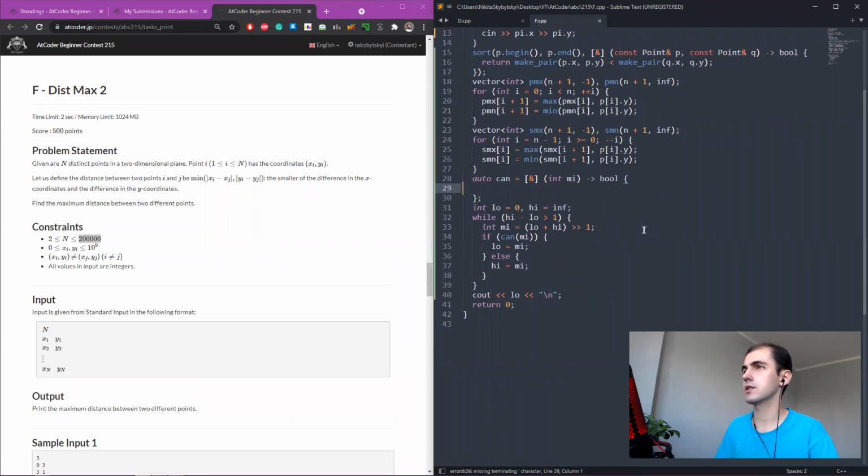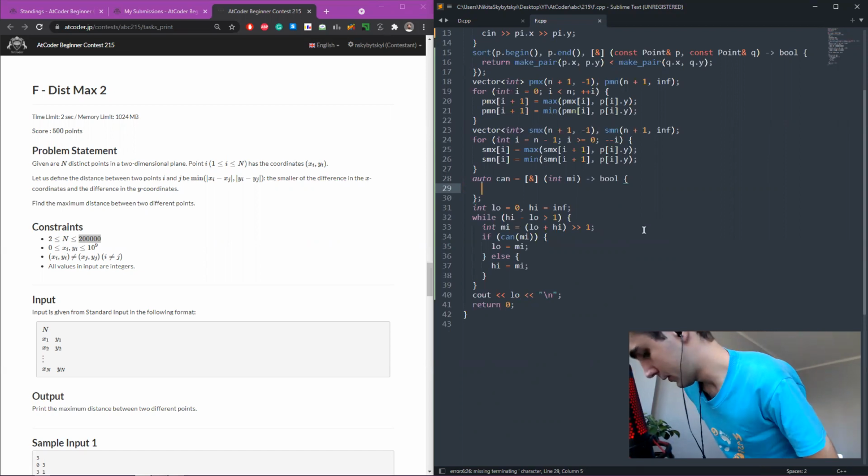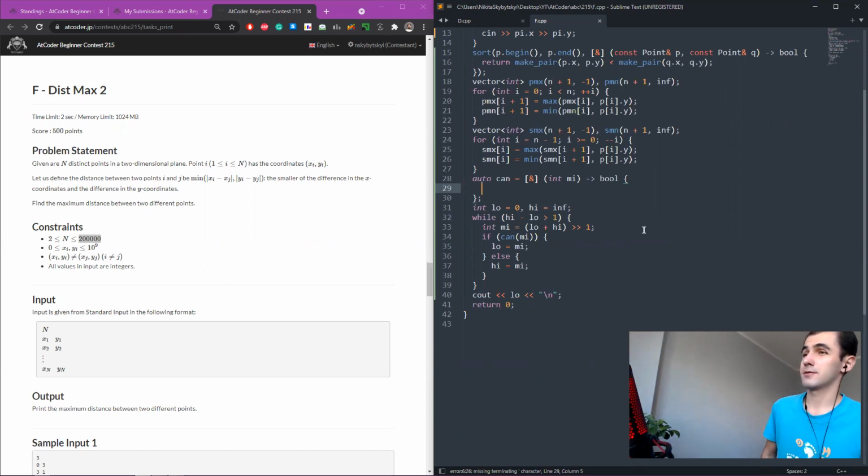What this function does is take a sliding window of width 2 times middle.